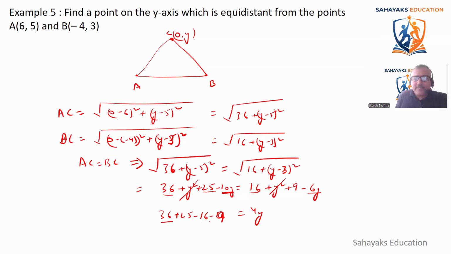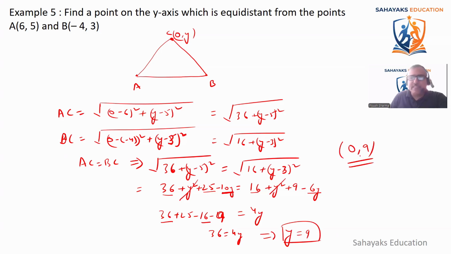Okay, 36 minus 16 is 20. 20 plus 25 is 45. 45 minus 9 is 36. So 36 is equal to 4y. So the value of y comes out to be 9. So the point 0, 9. This is the point which is equidistant from both the points A and B.